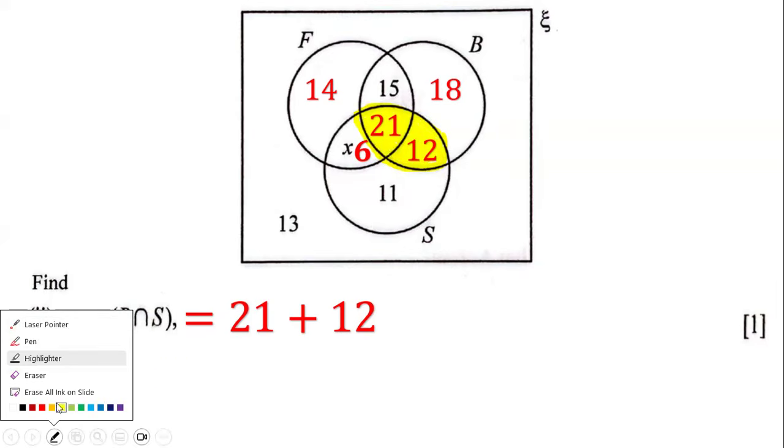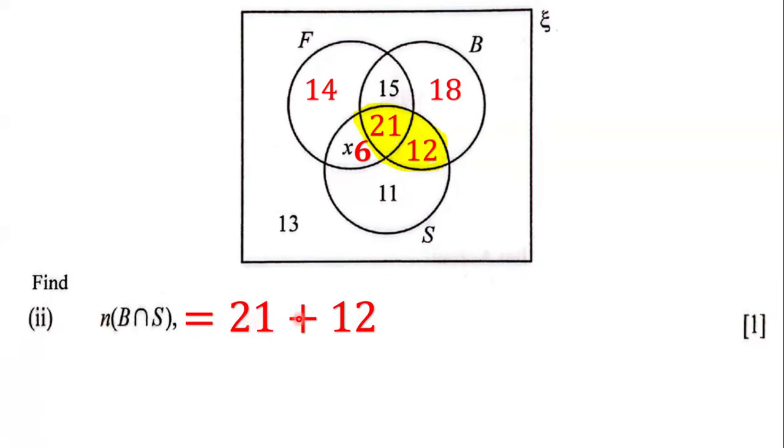And 21 plus 12 is definitely 33. And so that means that the number of students in basketball and softball is going to be 33. And so B intersect S is going to be 33.